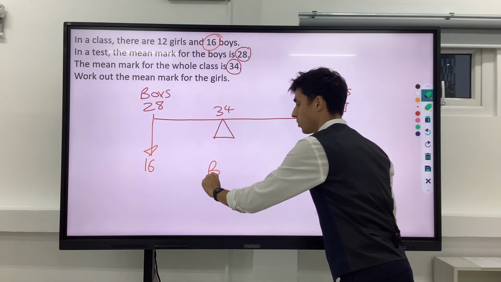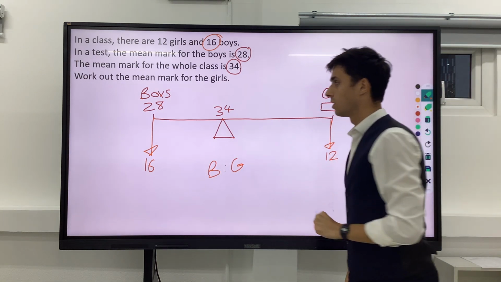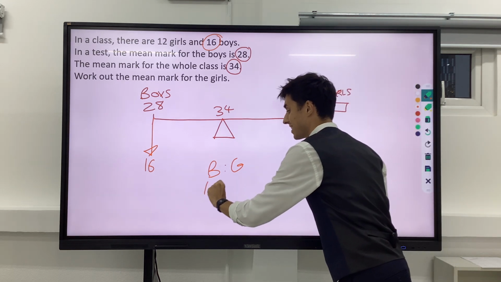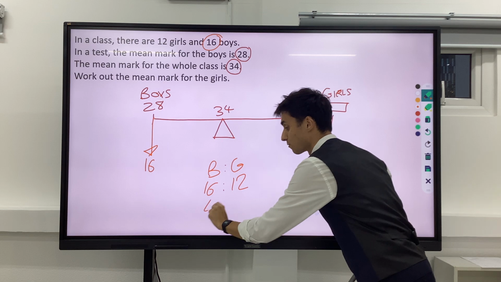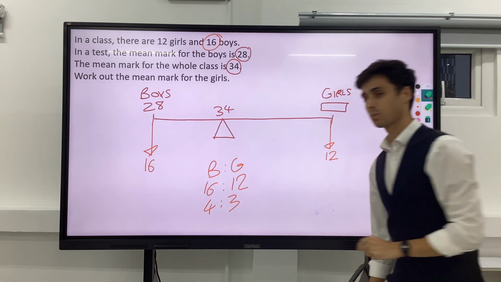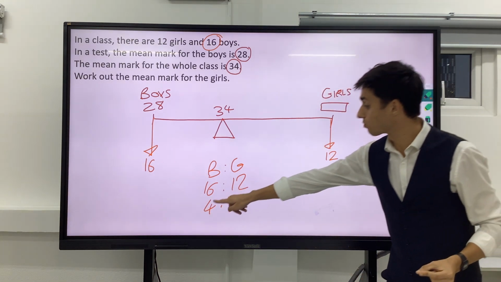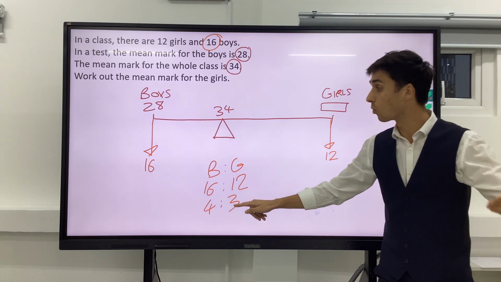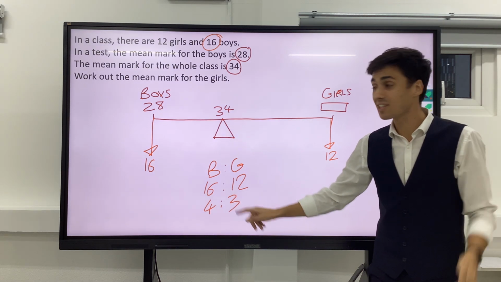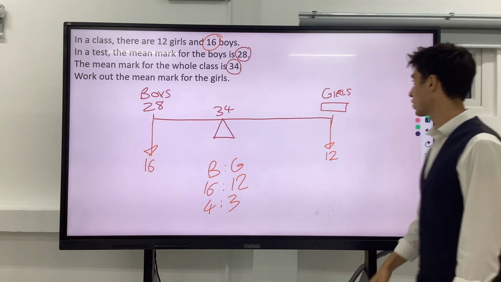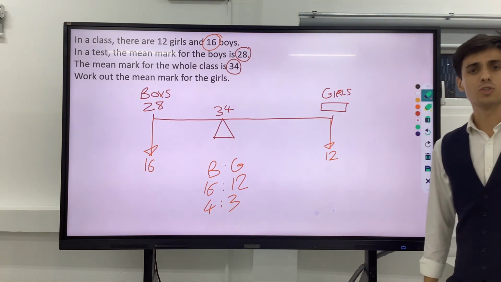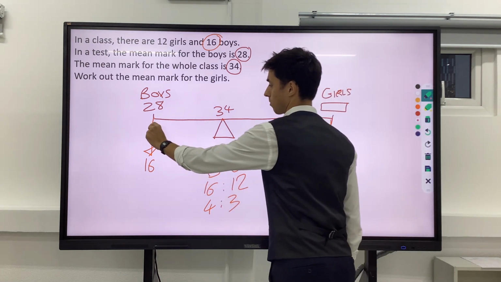So we can say boys to girls, there's a ratio of 16 to 12, simplifying that as 4 to 3. That means, because the forces are in the ratio of 4 to 3, the distances must be in the inverse 3 to 4 ratio. So we can fill in this ratio.